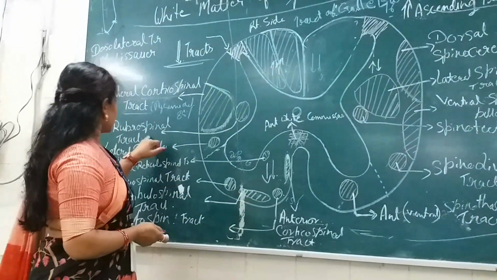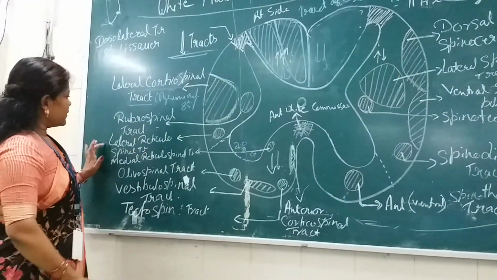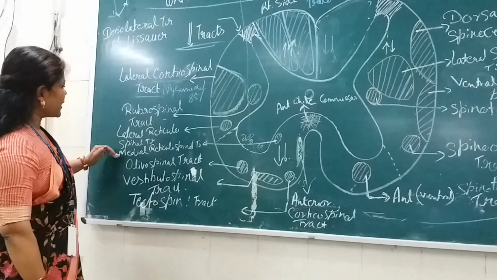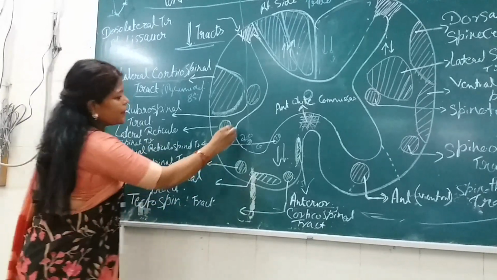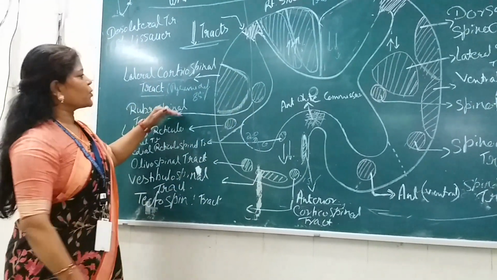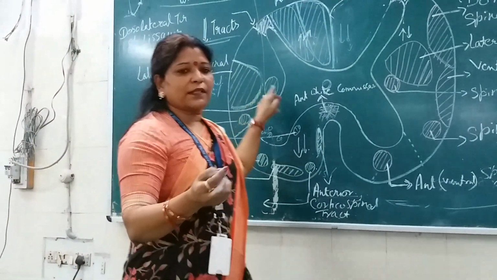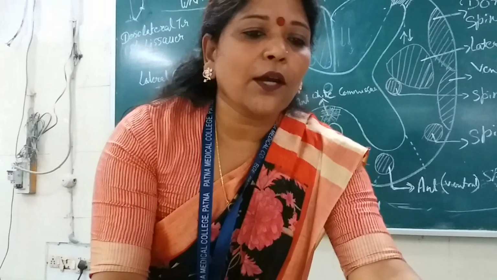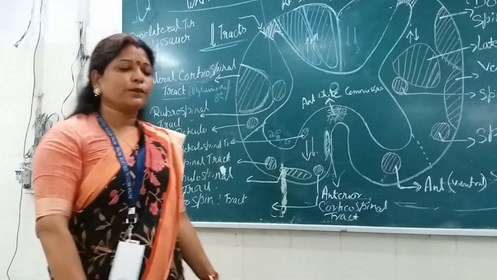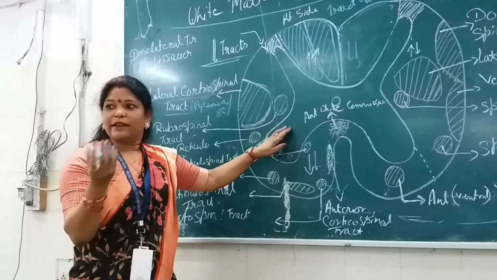Now the rubrospinal tract, the lateral reticulospinal tract. In this lateral compartment, just medial to that, there is the rubrospinal tract. What do you mean by rubro? In the prefix, again there is a nomenclature, rubro. What does it mean? Rubro means something red. Red structure like.